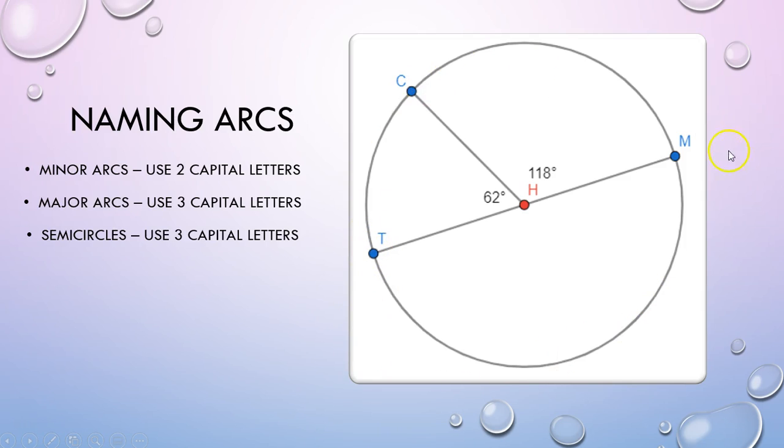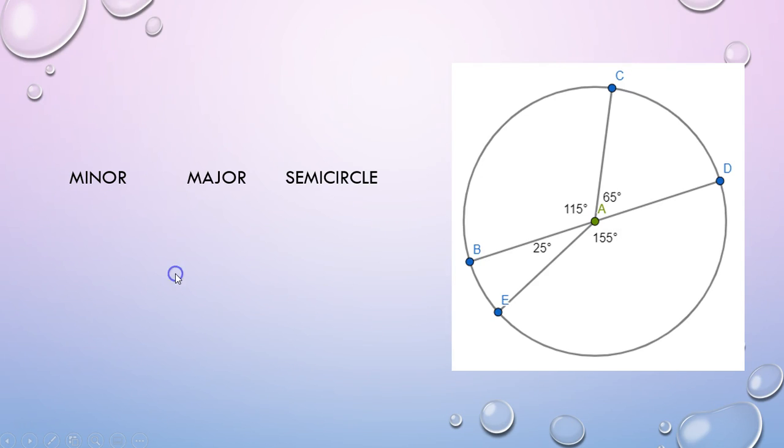And if you use TCM, you would be talking about this other semicircle. However, if it were me, I would go ahead and just add another little point in here, make up a letter for it, and name it with the three letters that you would have on this side at that point. That would be a good way to make sure that whoever was looking at your answer knew exactly which side of the circle that you were talking about.